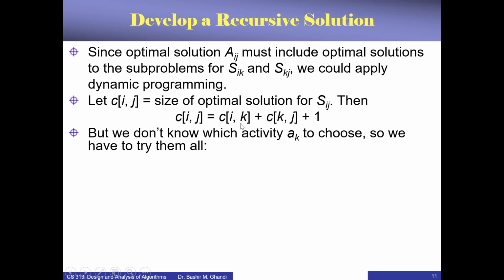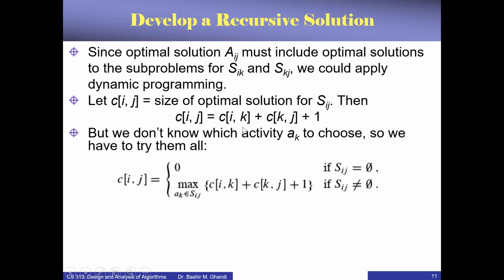Now, here, if we were to solve this problem with dynamic programming, what we could do is now go ahead and look for all the possible options for the value of k. So our definition for Cij becomes, if the set Sij is empty, of course, we will return 0. But if it is not empty, then we have to vary k across all the elements of Sij and find the one that will give us the maximum. This is what we would have done with dynamic programming.